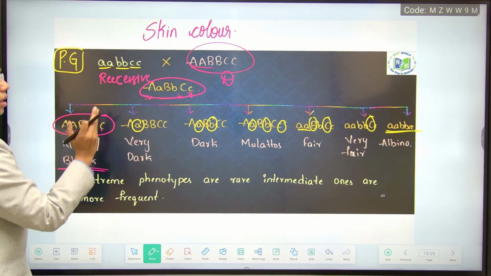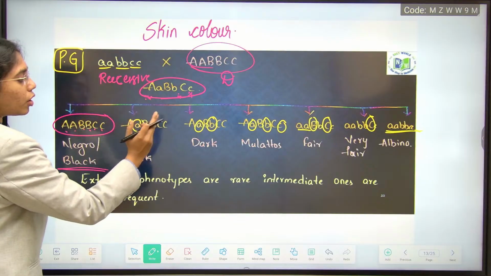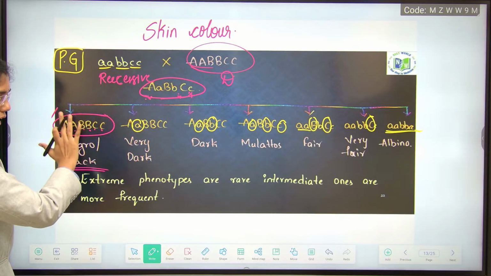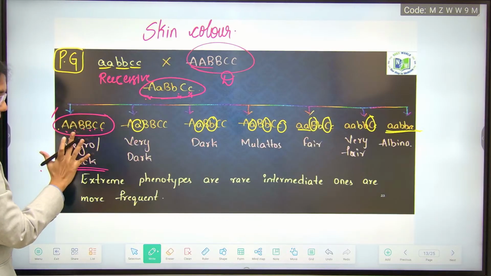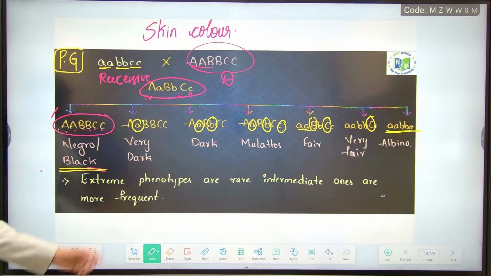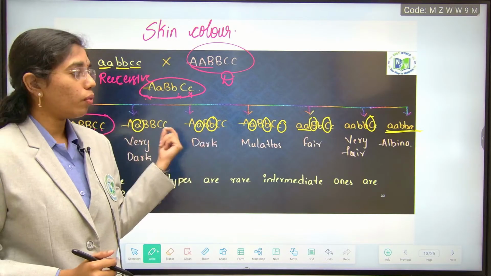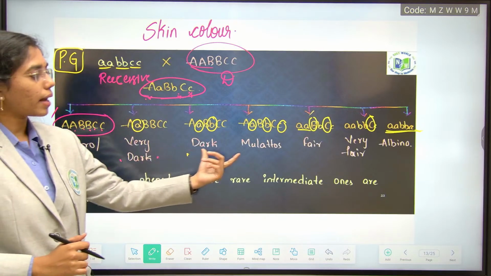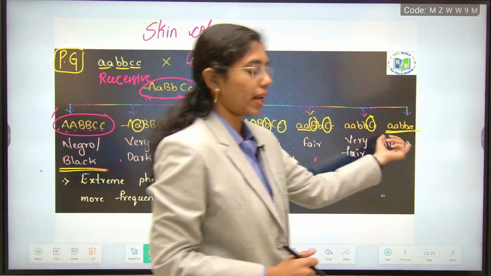So when the reduction of one dominant allele is seen, complete dominant alleles are showing the additive effect of dark color, negro or black. With the reduction of one dominant allele in each step, we can see very dark, mulattoes, fair, very fair and albino.